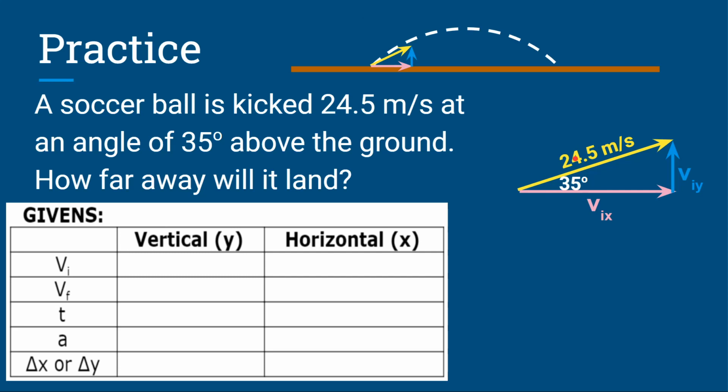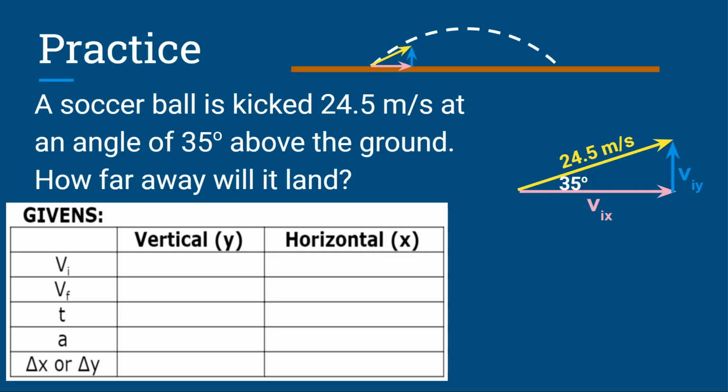So whenever I go to fill in my table, I'm not going to write 24.5 meters per second for my vertical velocity because it's not vertical. I'm not going to write 24.5 meters per second for my horizontal velocity because it's not horizontal. I'm going to have to find the components. The components go into my table.